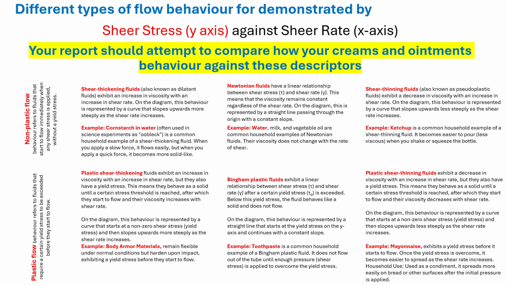Some of that I've done in the previous slide while I've been going along, but this is quite a nice slide to just get yourself up to speed with and allow you to relate some of those properties of the flow graphs to common materials that you will have handled and used.